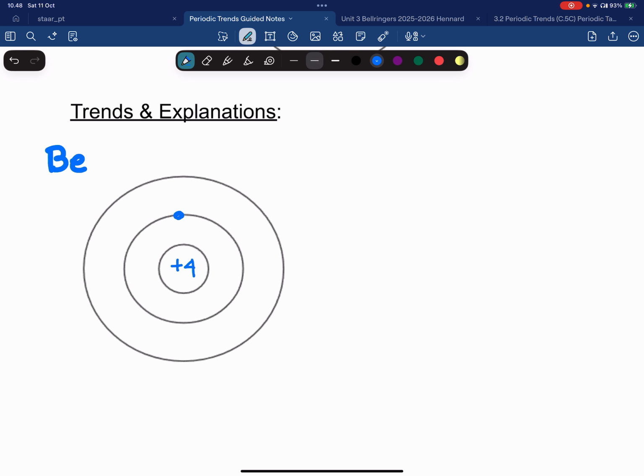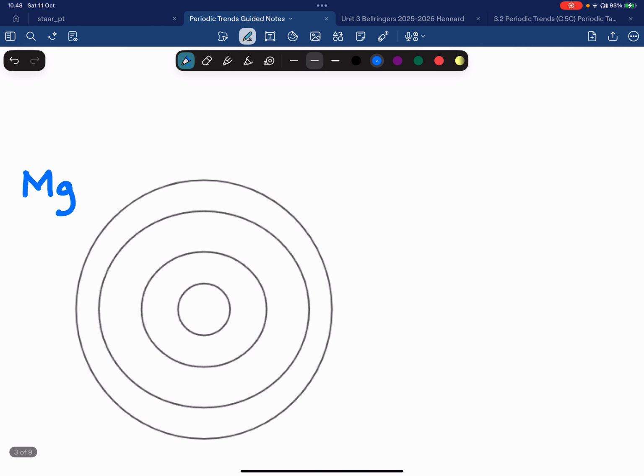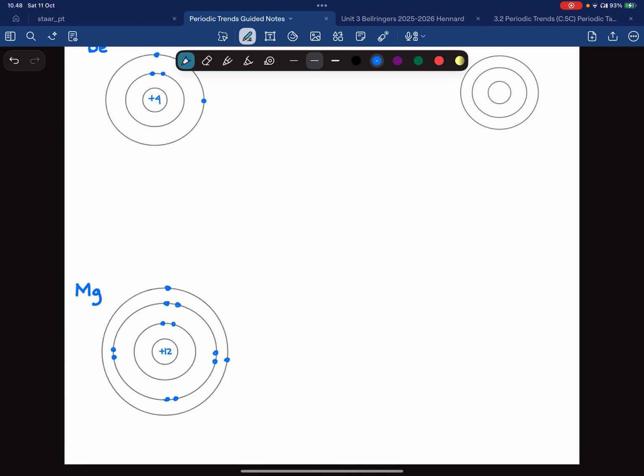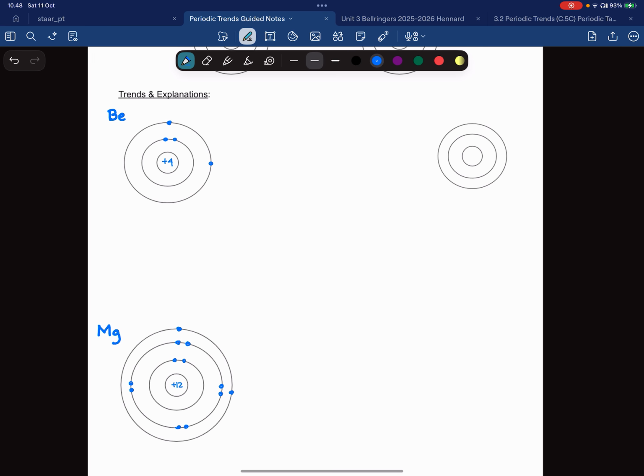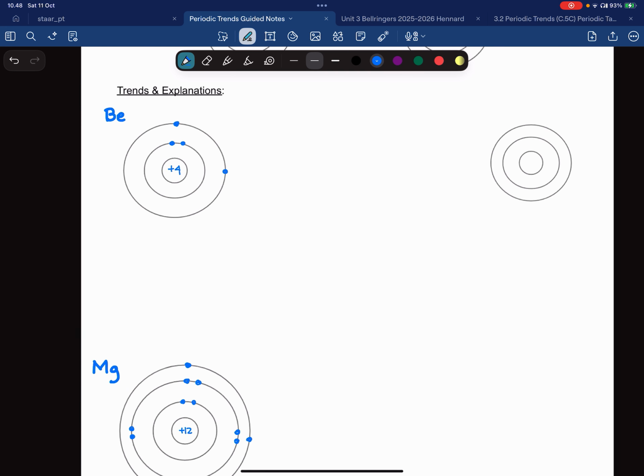Positive 4, 1, 2, 3, 4. I go down to magnesium, positive 12 in the nucleus, 1, 2, 3, 4, 5, 6, 7, 8, 9, 10, 11, 12. All right, so what is happening with this trend for ionization energy as you go down?